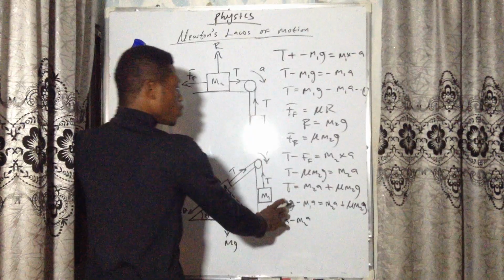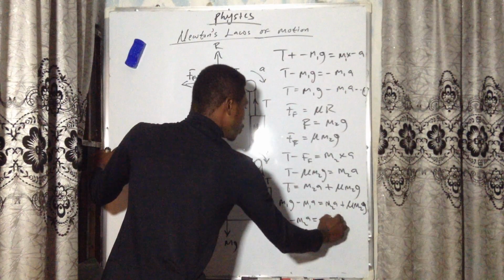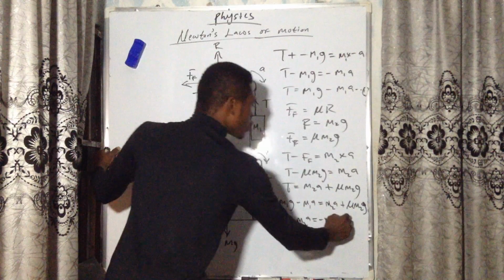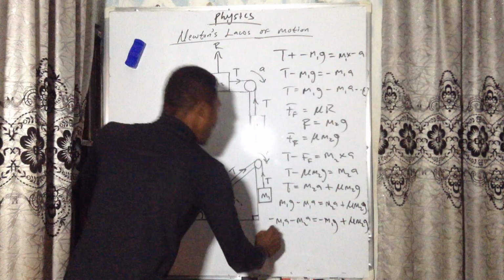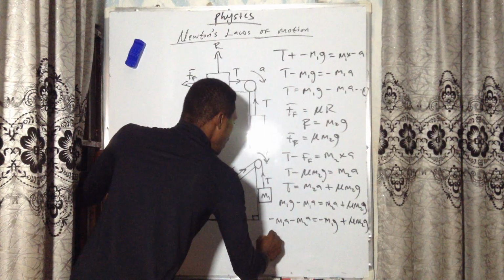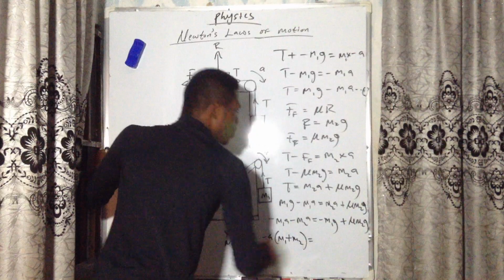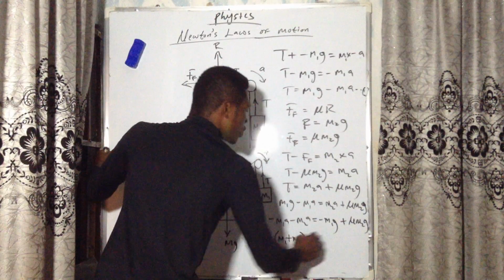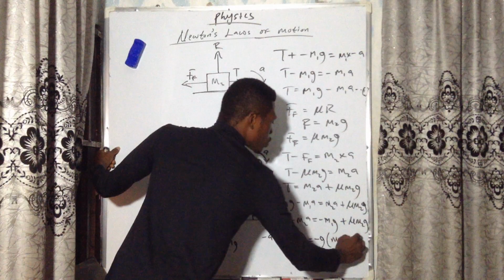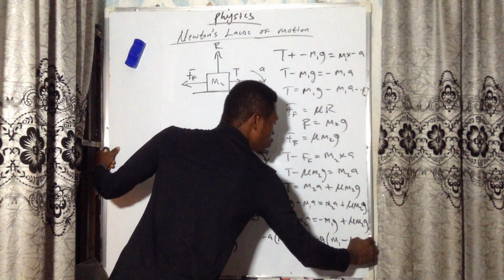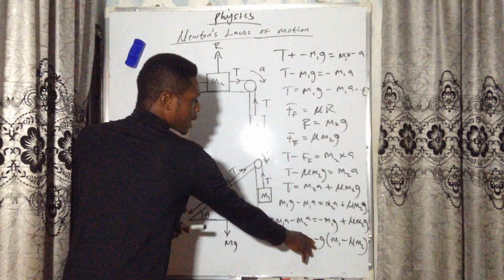We take this one to this side, so we now have equal to minus M1G plus mu M2G. So we now have minus A bracket M1 plus M2 is equal to minus G bracket M1 minus mu M2. G is here, so we bring it outside the bracket.